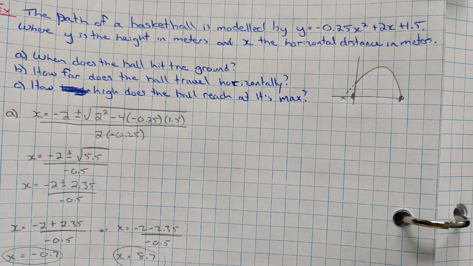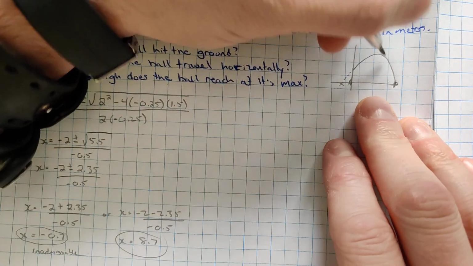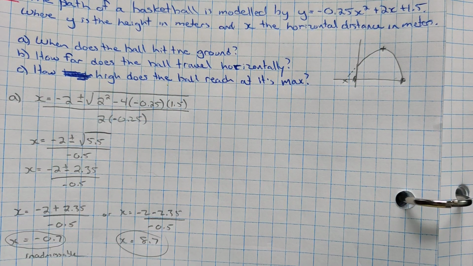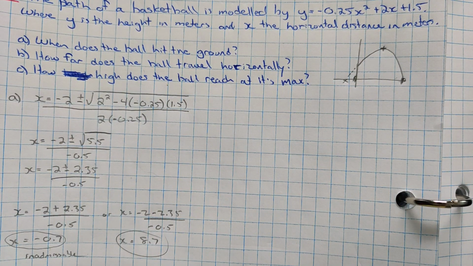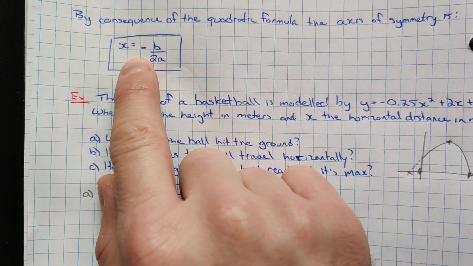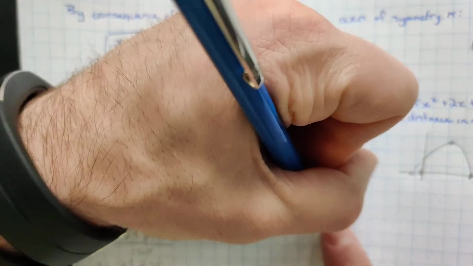Lastly, how high does the ball reach at its max? So what is the maximum value here? What is the vertex? We want to find the vertex of this. How do we find the vertex? Well, we know that little bit of information here, that the x value of the vertex is negative b over 2a.